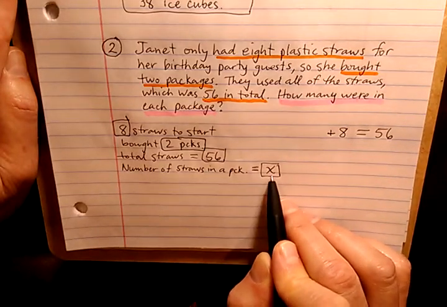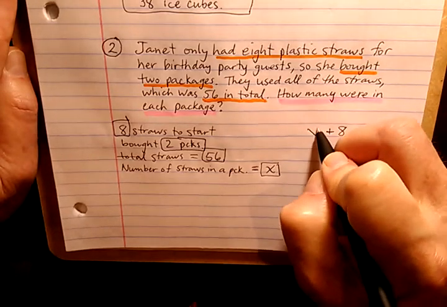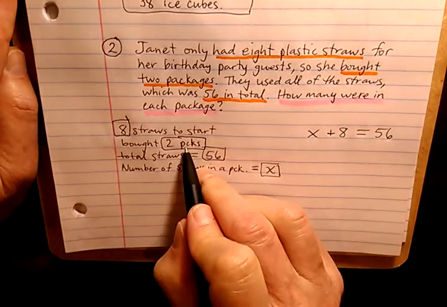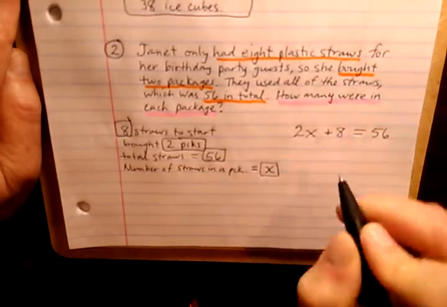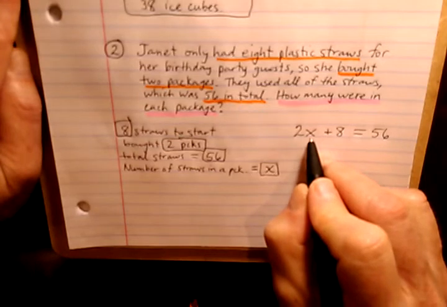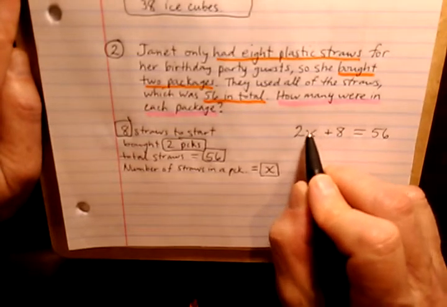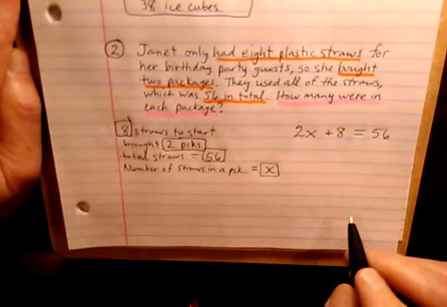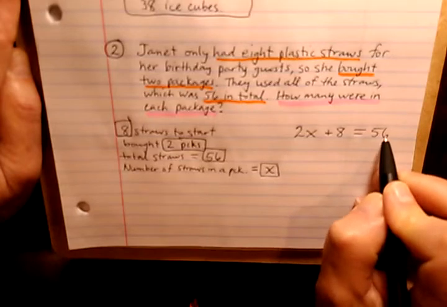So we don't know what that is. That's X. We could say there's X number of straws in a pack, and we know there's 2 packs, so we could multiply 2 packs times that some number of straws that we're not sure. So this is 2 times some number of straws in a pack, plus the 8 straws she already had, equals a total of 56.